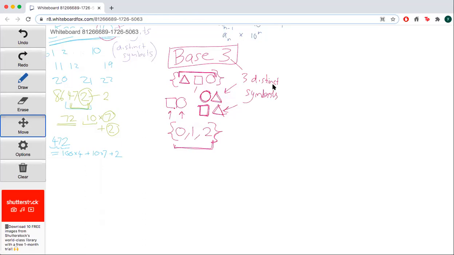So basically this is how counting works in base 3.